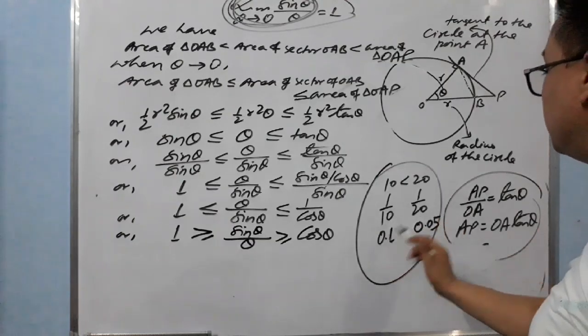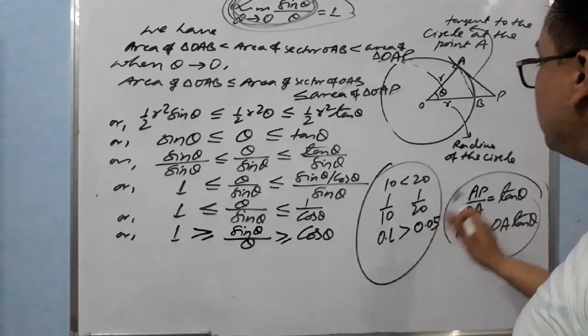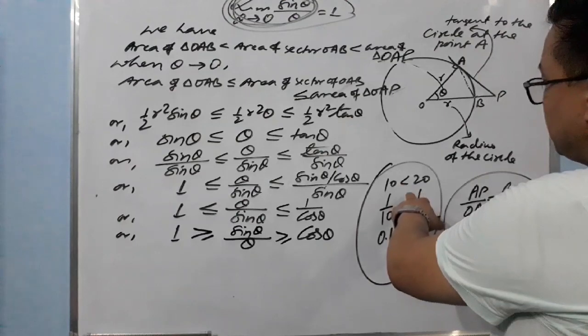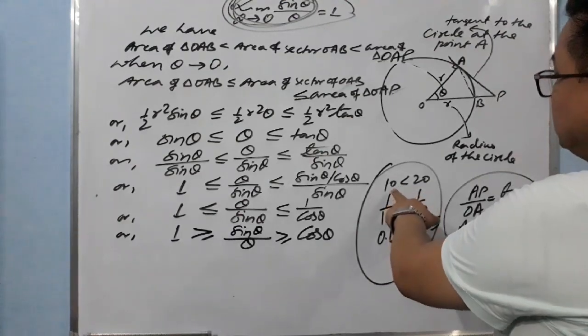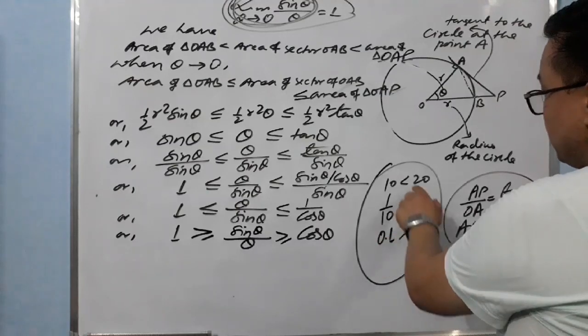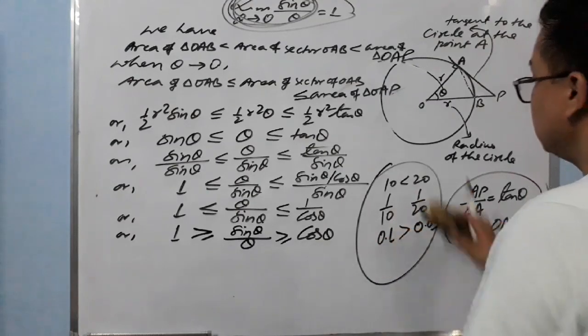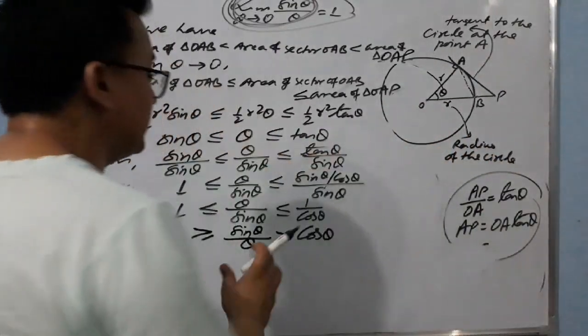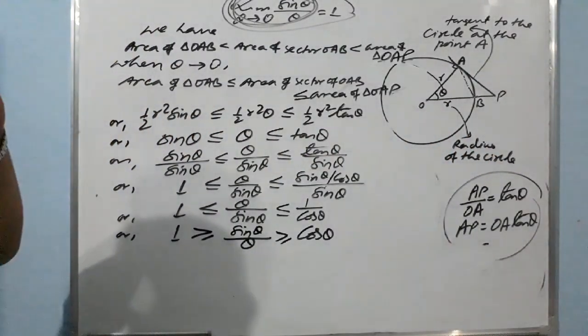So 0.1 is greater than 0.05. So we have firstly 10 is less than 20. Now if we do the reciprocal, the sign of inequality is reversed, right? This is the property you might have studied in the order properties of real numbers.